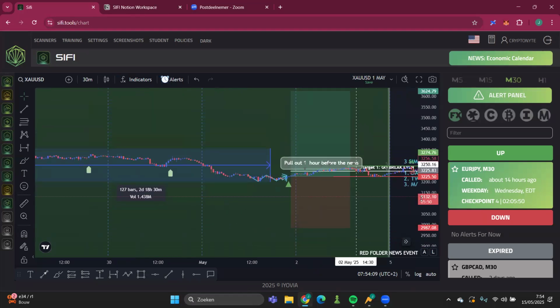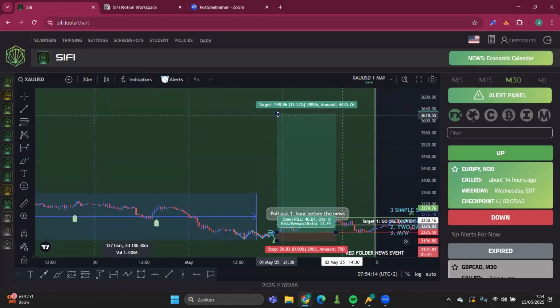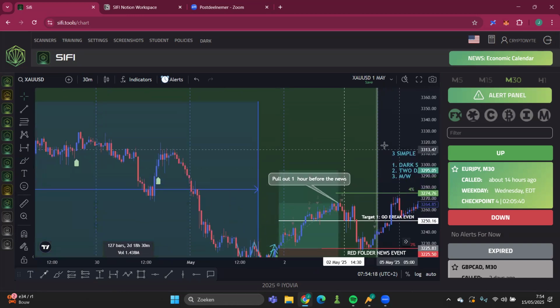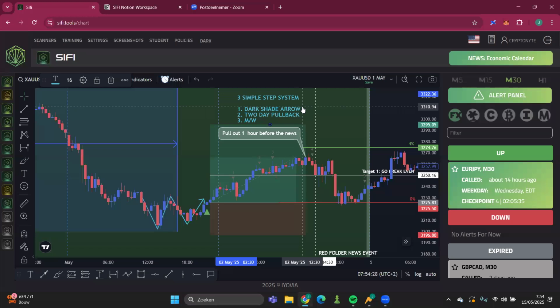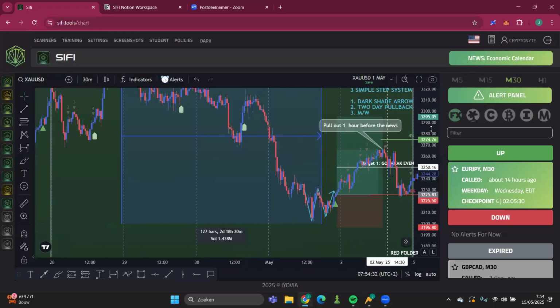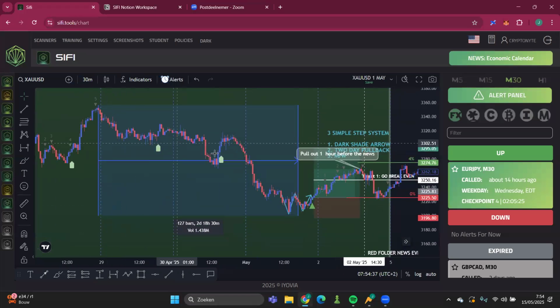For example, right here. I don't know why this setup is so huge. Anyway, what can we see? We had this dark shade arrow over here. So the first step is done. We had this 2-day pullback, meaning if you look at the price, the last 2 days, we have been coming down pretty strong.